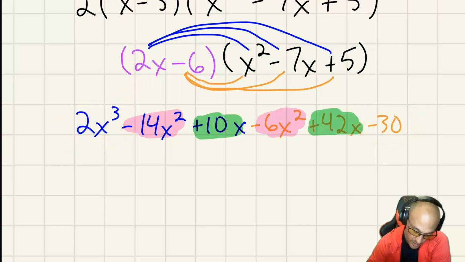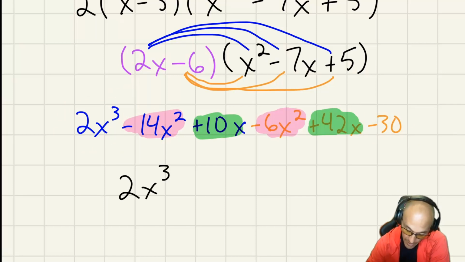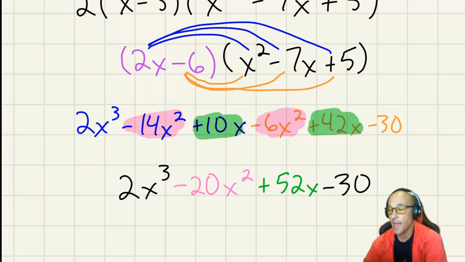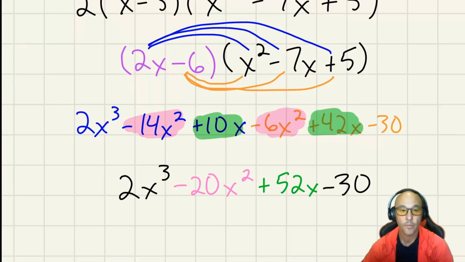So I'm going to get 2x cubed, and then combining my two x squared terms, I'll get -20x squared, or subtract 20x squared. Now combining my +10x and my +42x, I get +52x, and then I have the -30. And that's all that I can do in that particular problem.